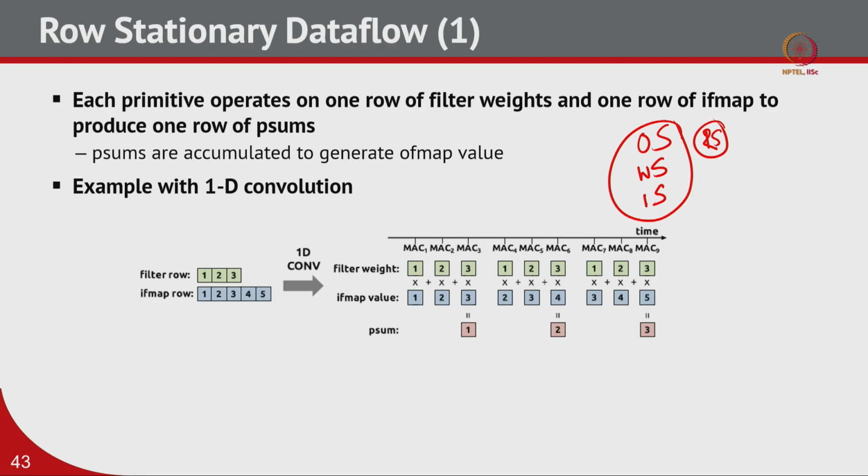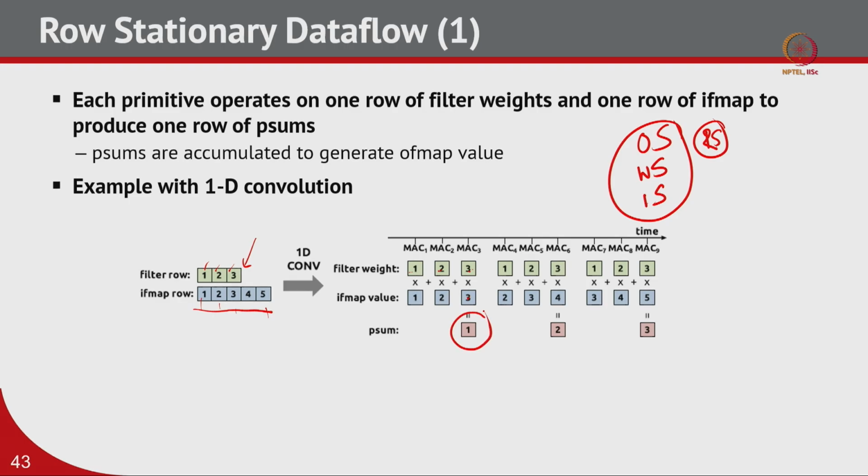Let us take the example of 1D convolution, where we have this filter row with indices 1, 2, 3, and the input feature map row is 1, 2, 3, 4, 5. Let us say we have one processing element which performs multiply and accumulate. First, we perform element-wise multiplication between filter indices 1 to 3 and input feature map indices 1 to 3, and if we add, we get the first partial sum.